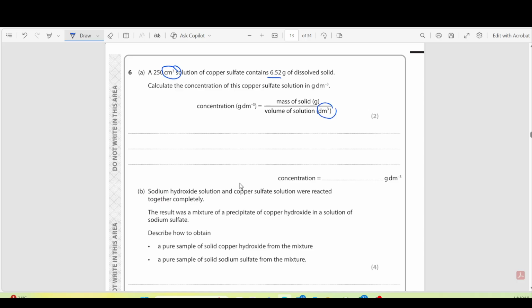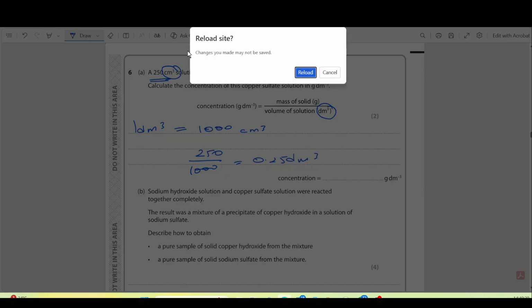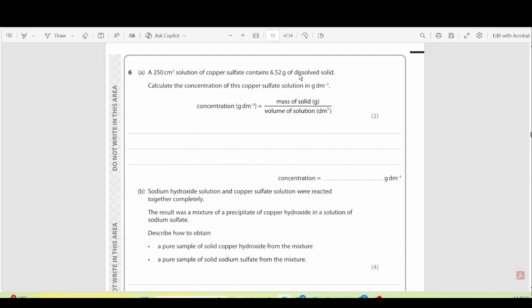We want it in decimeter cube, so we need to convert. Because 1 decimeter cube is equal to 1000 centimeter cube, if we divide 250 by 1000, we'll get 0.25 decimeter cube. So instead of 250 centimeter cube, we need to use 0.25.